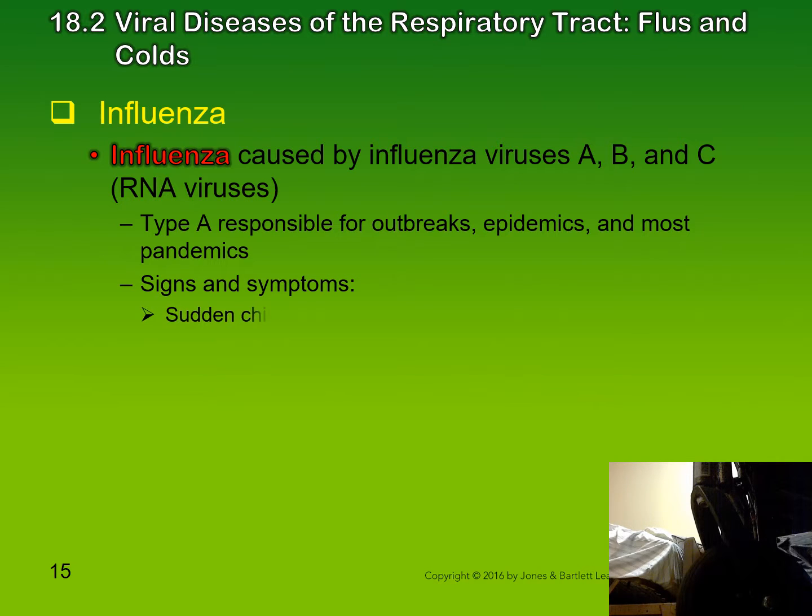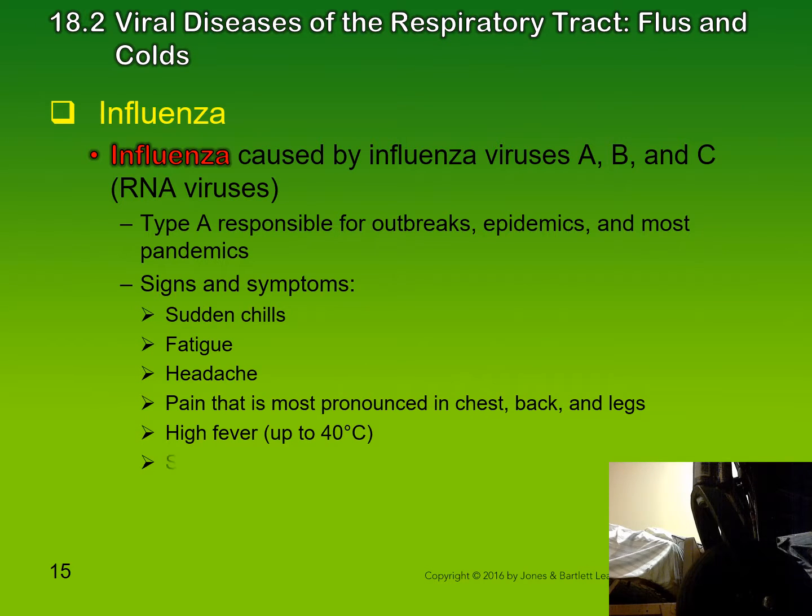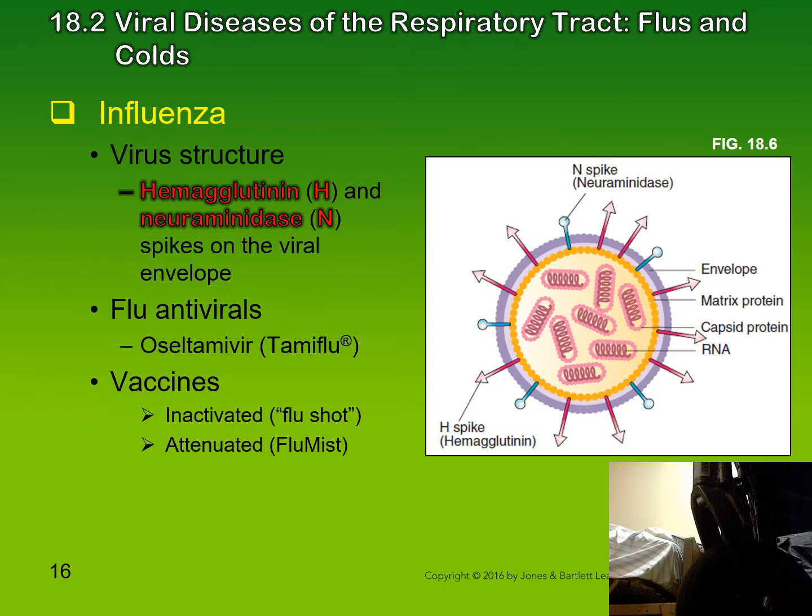Signs and symptoms: sudden chills, fatigue, headache, pain that is most pronounced in the chest, back, and the legs, high fever, and a severe cough. Now, this shows us the structure of the influenza virus, and there are two spikes on the influenza virus.